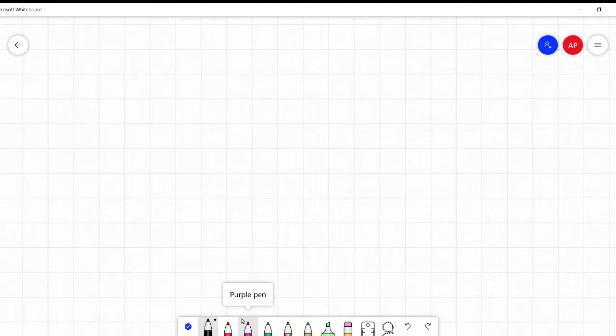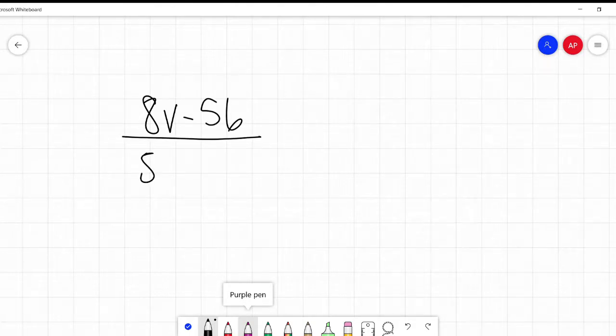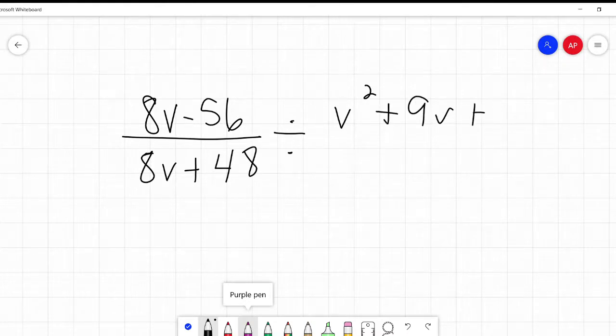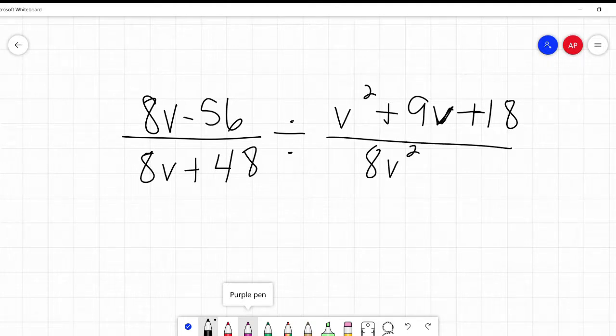So here's one. Let's say, what if I had 8v minus 56 all over 8v plus 48 divided by v squared plus 9v plus 18, all over 8v squared plus 24v.